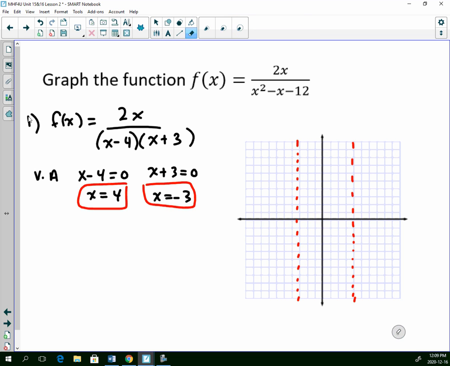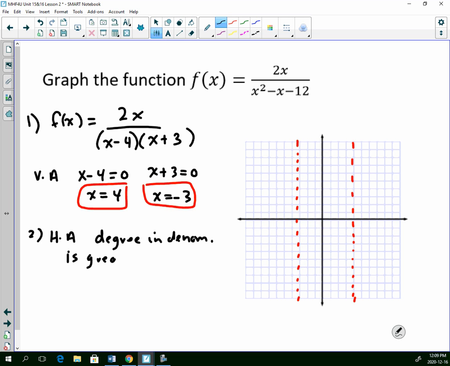The second thing I want to determine is my horizontal asymptote. And I'm just going to go by those three shortcut rules. I am going to look at the degree. The degree in the denominator is greater than the degree in the numerator.